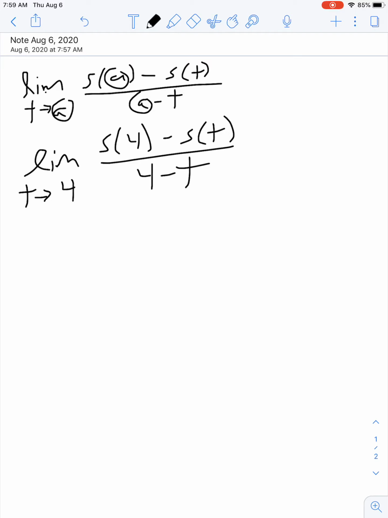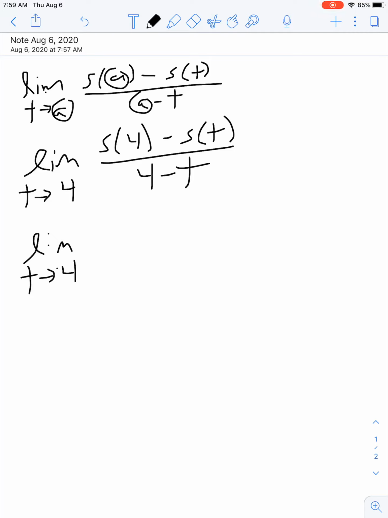Now in the numerator, we actually need to find s of 4, and they tell us what s of t is. That's the function they give us. So s of 4, I just plug 4 into the function: 4 squared times negative 4.9 plus 250.